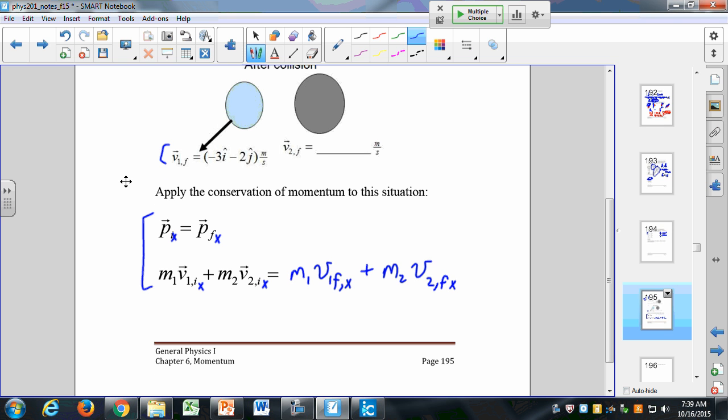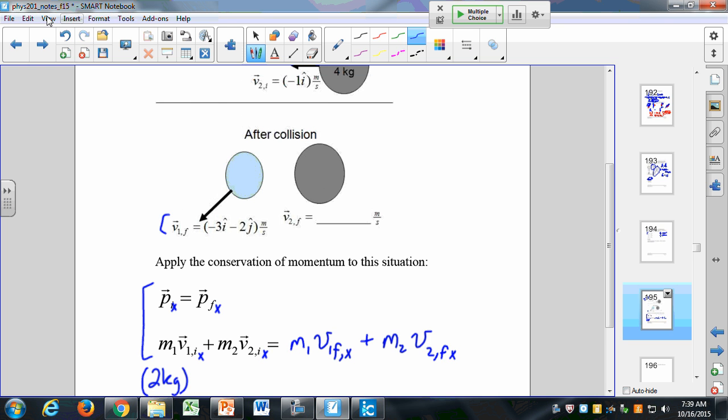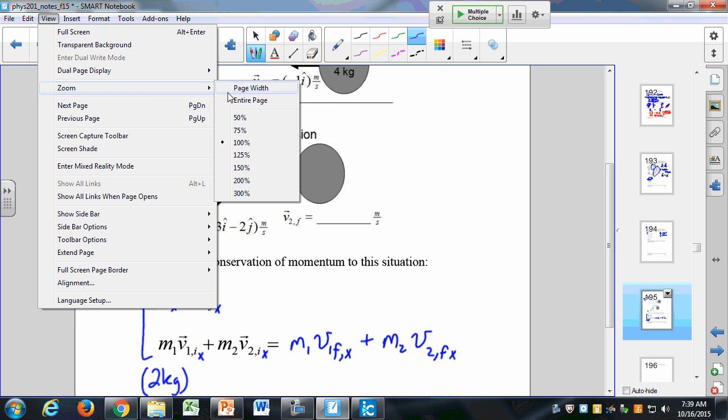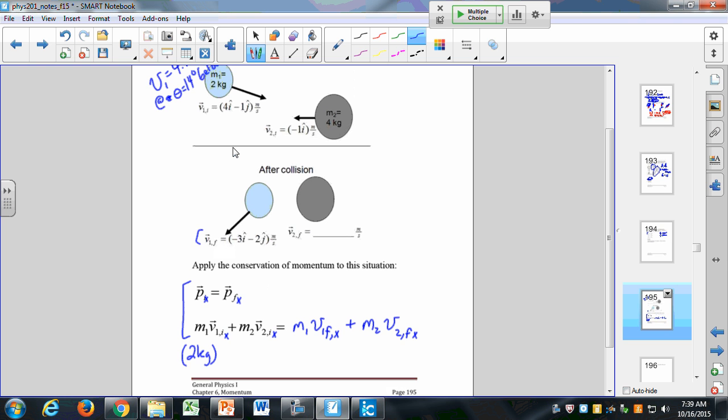So m1 was 2 kilograms times v1 initial. I'm going to make this smaller. You see that okay? All right, so 2 kilograms times v1 initial, which is 4 meters per second.